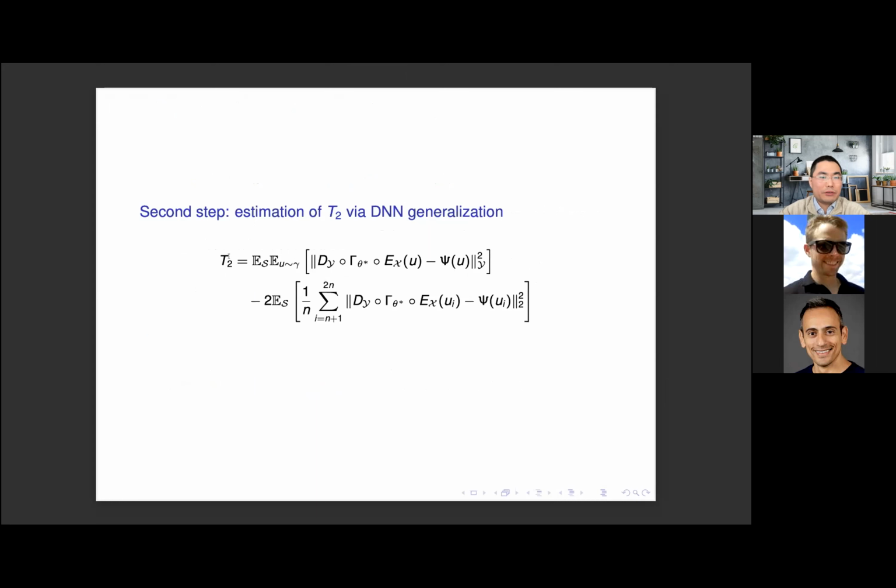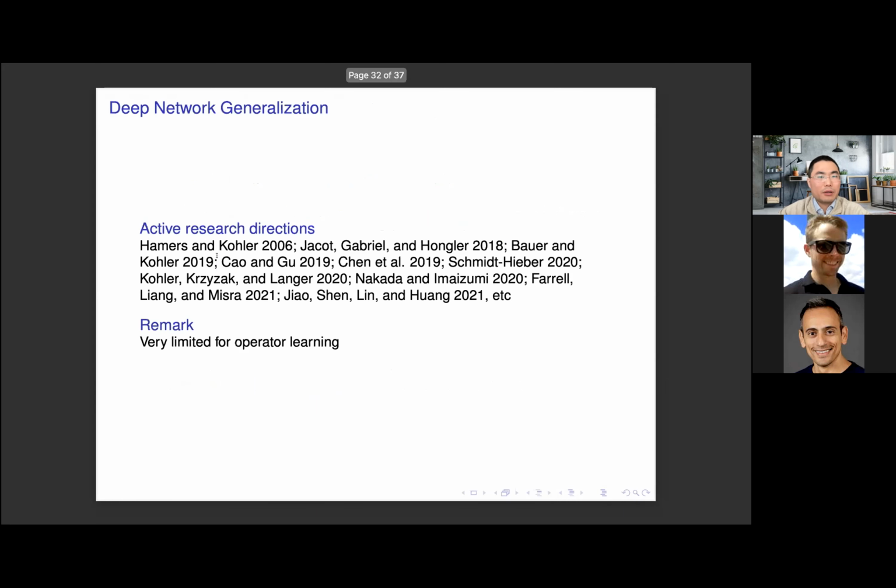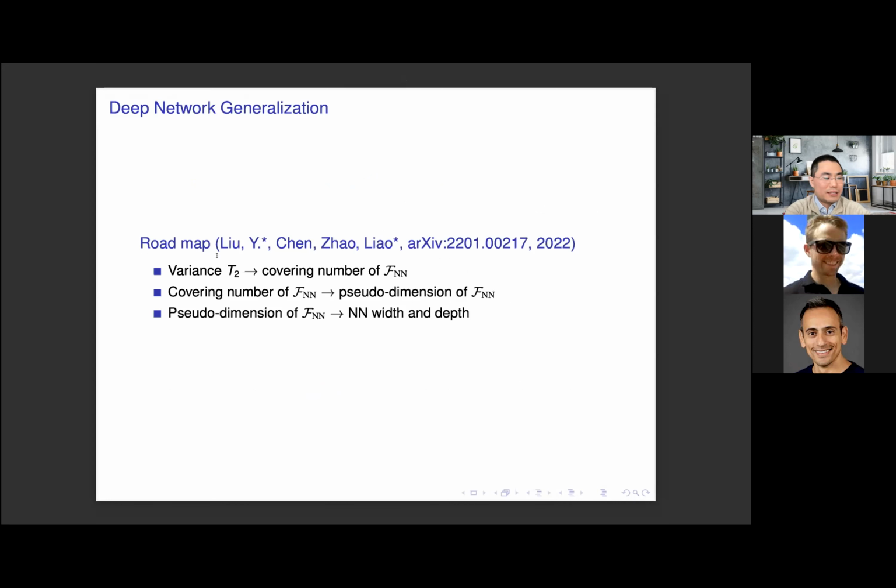As for the second part, the generalization analysis, the literature is quite limited for operator learning, and we apply some existing techniques for function learning to build some new theory for operator learning. Essentially, we apply the covering number of neural network classes to bound the T2 term, and then we apply the pseudo dimension of the neural network class to bound the covering number.